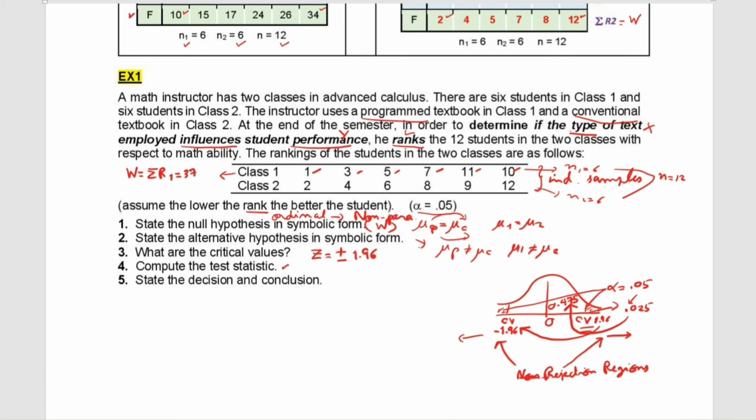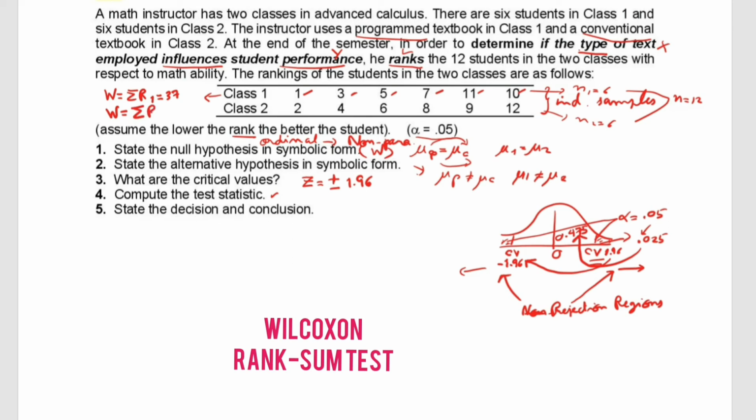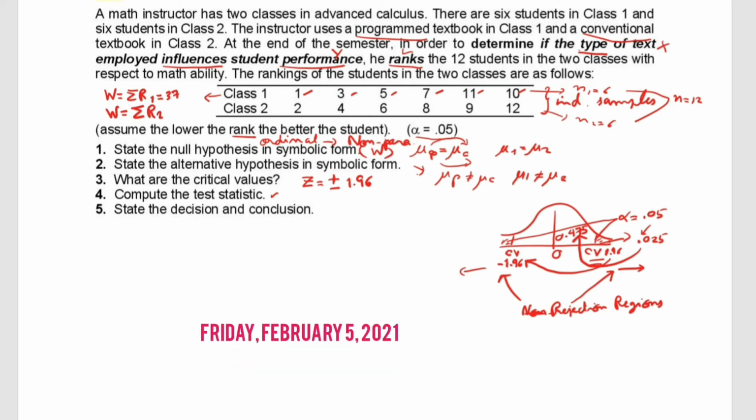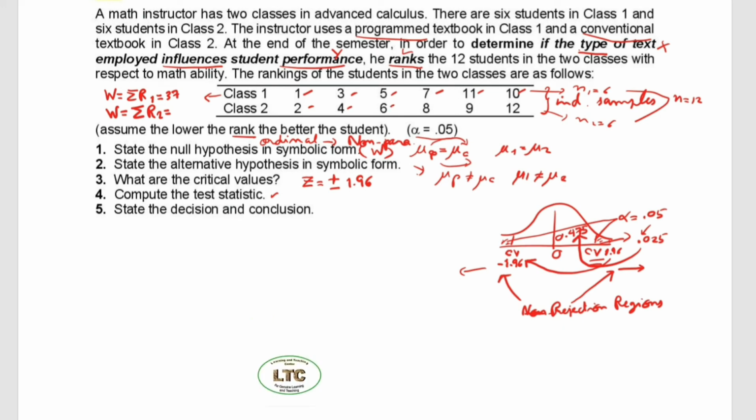W is 37. If we take W from class 2, W will be the sum of ranks R2 for class 2. This is 2 plus 4 plus 6 plus 8, 20, 29, 29 plus 12, 41. You can use either one.